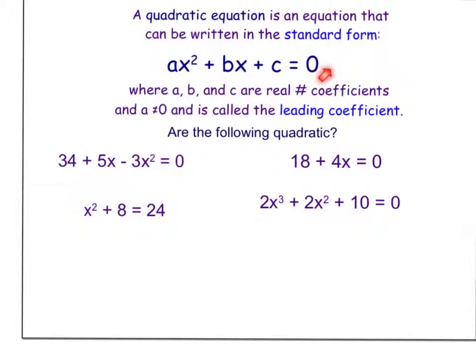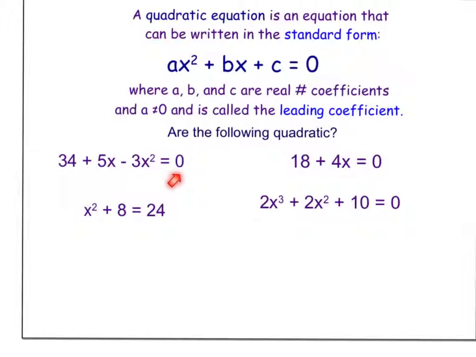This is the standard form for quadratic equations. A is still the leading coefficient, but the difference between linear and quadratic is now our exponent is 2. So the highest exponent for a quadratic equation is 2.